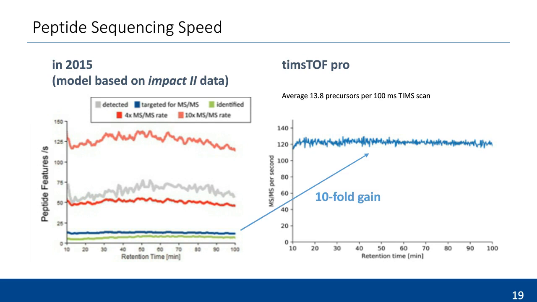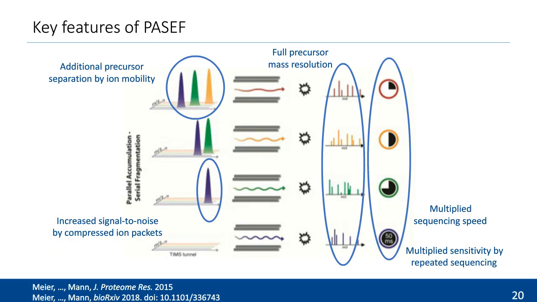To summarize the developments and the features of TIMS and parallel accumulation serial fragmentation, there's probably 4 key aspects. The first of them is that TIMS enables us to separate precursors based on their ion mobility in addition to the mass separation and the expansion time separation.